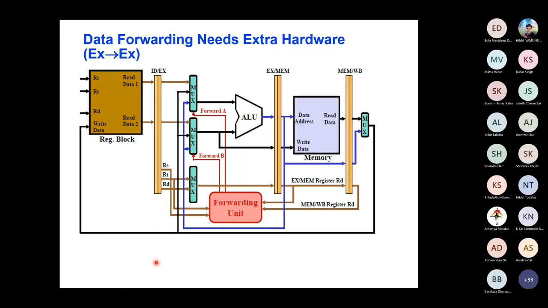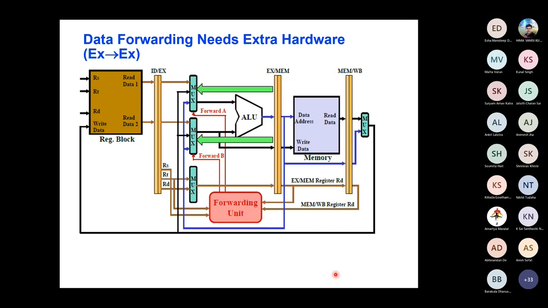So what do I need for the extra hardware then? This is your register file here, and this is the memory file here, and this is the ALU stage, execute stage, and these are the pipeline registers. So I need an extra path from the ALU output to the ALU input. ALU output means the ALU output is stored in these pipeline registers.